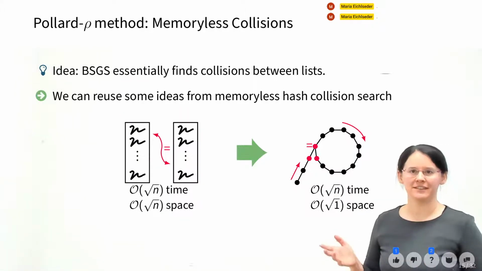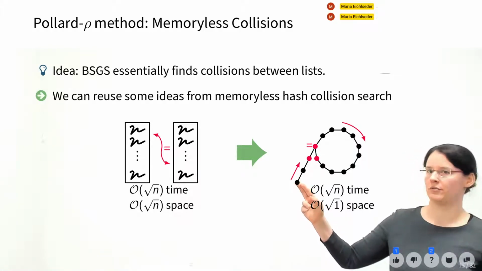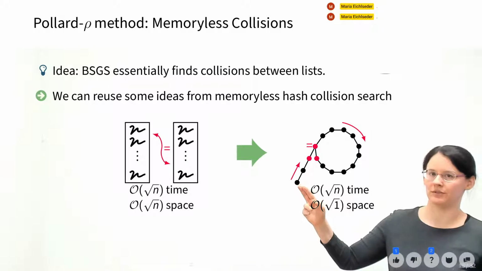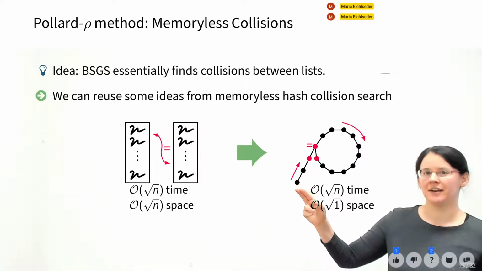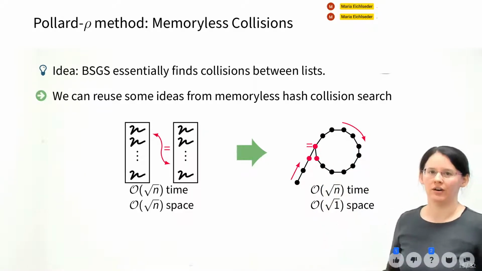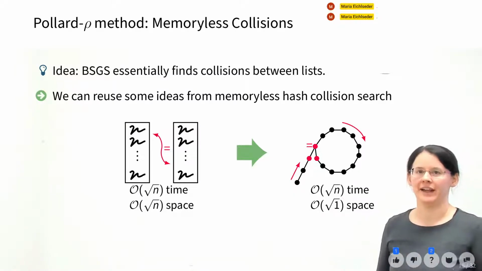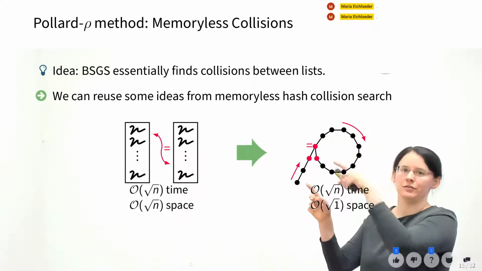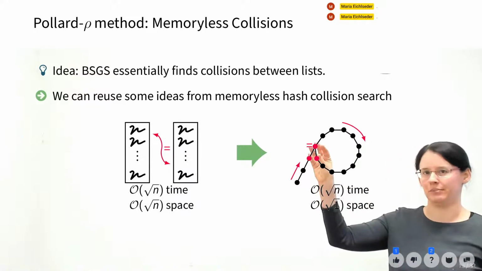And this collision must exist at some point, because if I have only finitely many possible values, for example, exponents in my discrete log problem or hash values in case of the hash function, then I can't have infinitely many different ones. At some point, I need to run into circles. And then using, for example, the tortoise and hare, which uses 2 runners of different speed, I'm not going to recall the details here, I can actually find this entry point here.